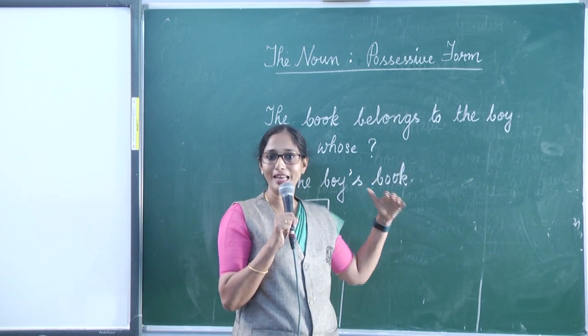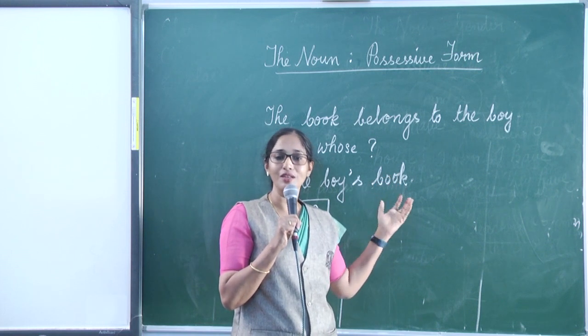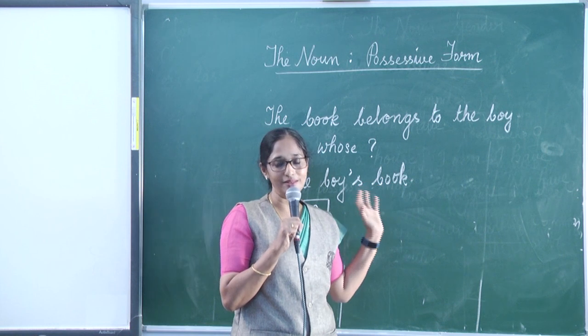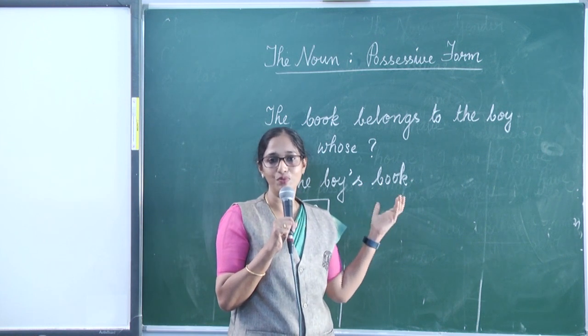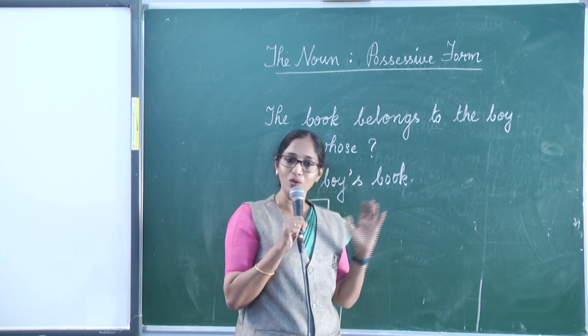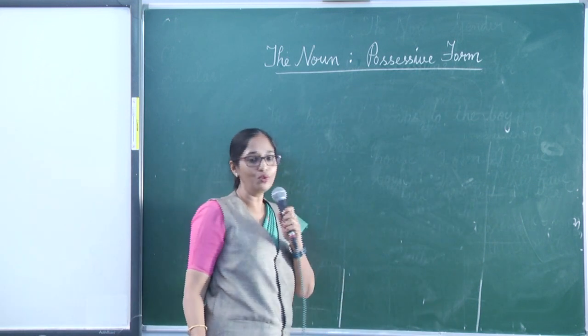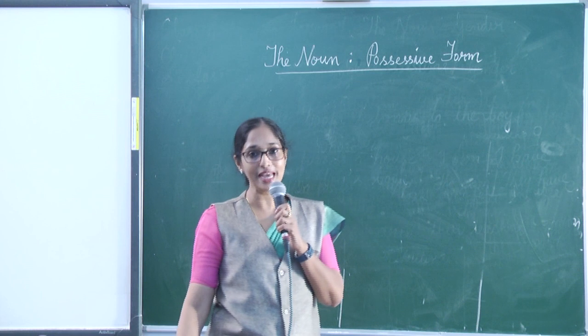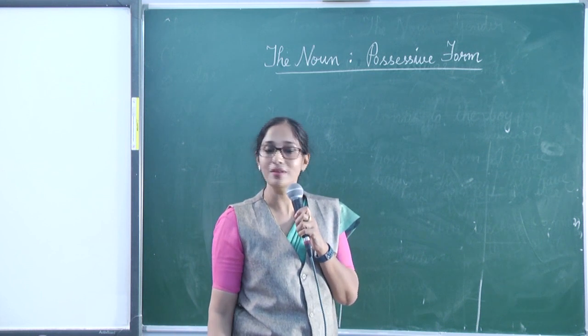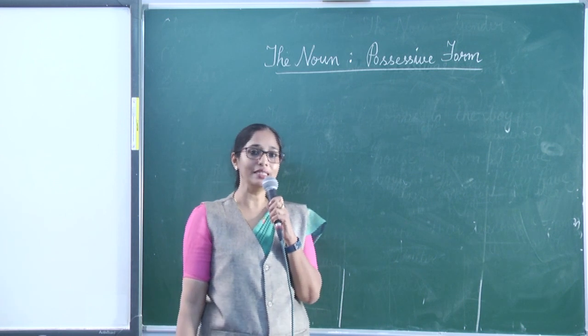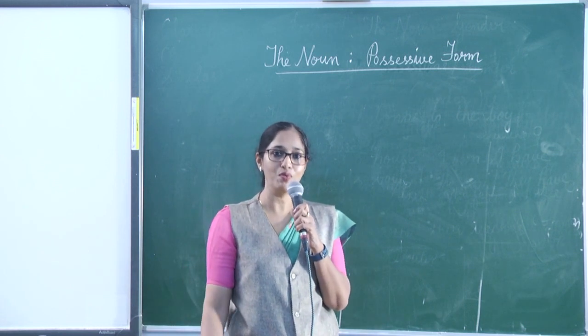If you are not careful about the rules, then you make mistakes. So the rules of putting an apostrophe s is closely related to the number of the noun, whether the noun is in singular form or plural form.